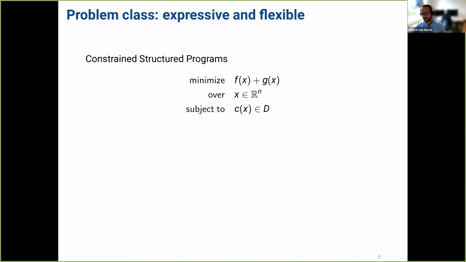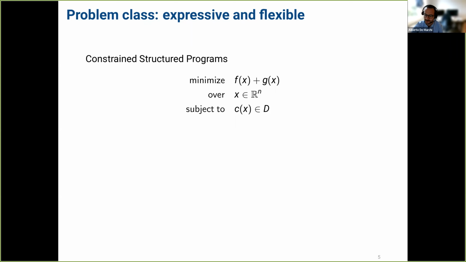So here it is, our problem class for today. We try to minimize an objective function, which is the sum of two functions, f and g, and we consider only finite dimensional problems in R^n. And we have also constraints that we model as a set membership constraint.